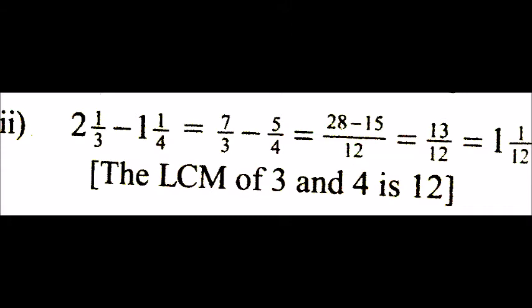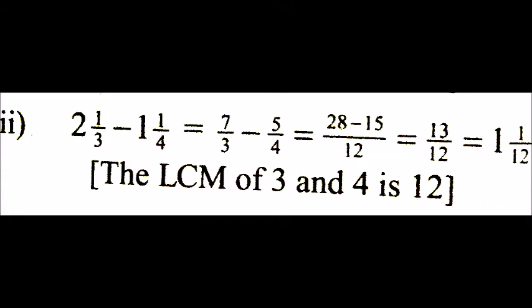So it will be 2 times 3 is 6 plus 1, 7 over 3. 4 times 1 is 4 plus 1 is 5 over 4, which is equal to... find the LCM for 3 and 4, which is 12. 3 going into 12, 4, 4 times 7 is 28, minus 4 going into 12, 3, 3 times 5 is 15, which is equal to 28 minus 15 is 13, divided by 12.